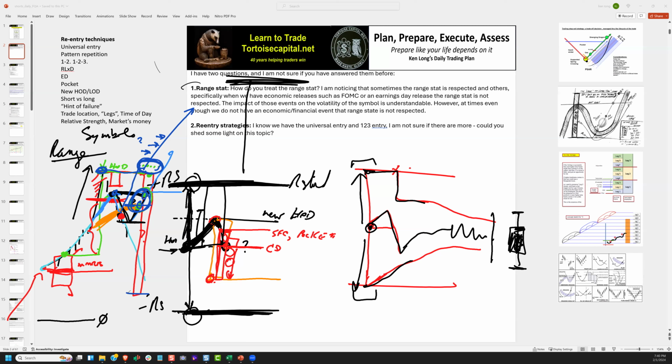So, short answer: when you're computing the size of the move to the downside after a reversal, you have to go to the high of the day and drop the range stat. But when you're looking at reentry decisions, we're using the statistically significant turning points.